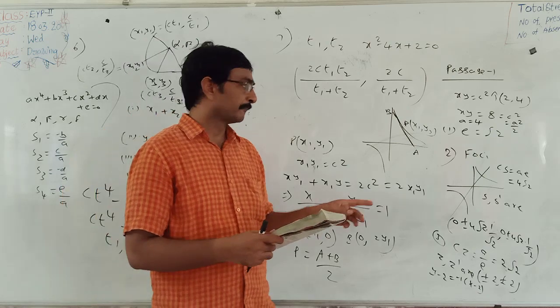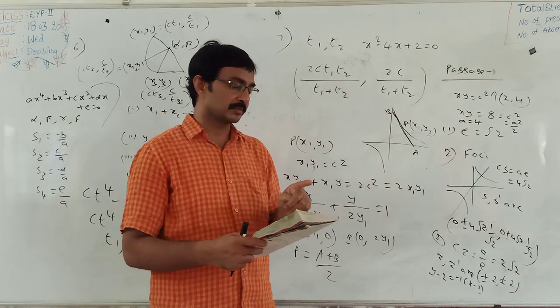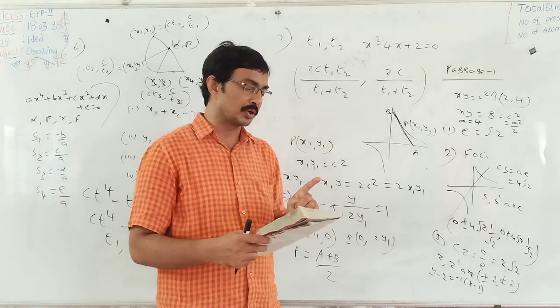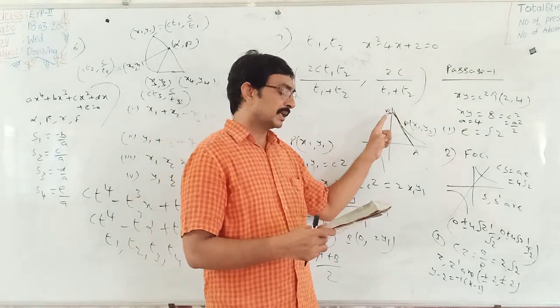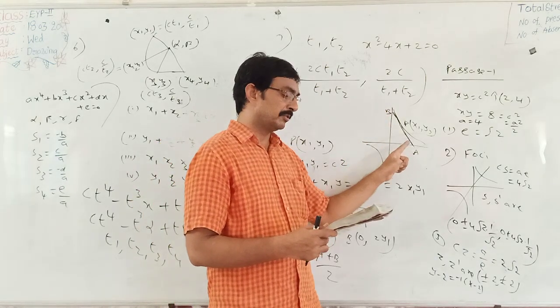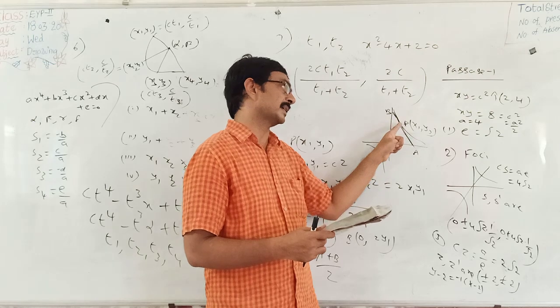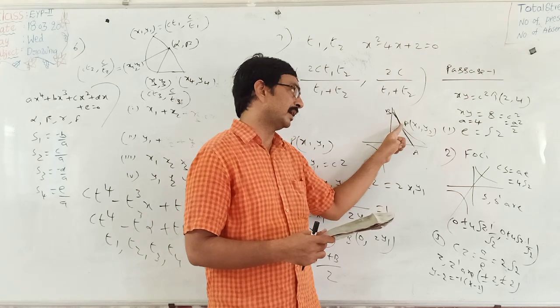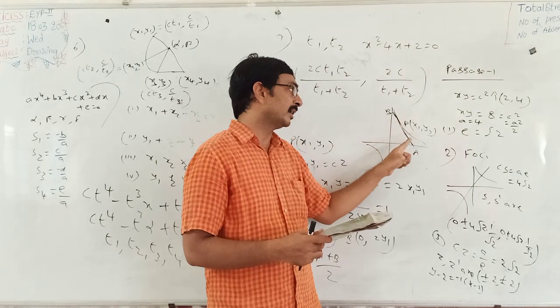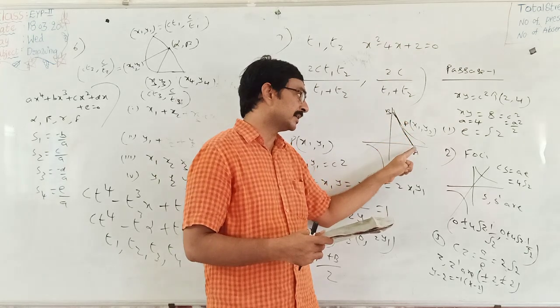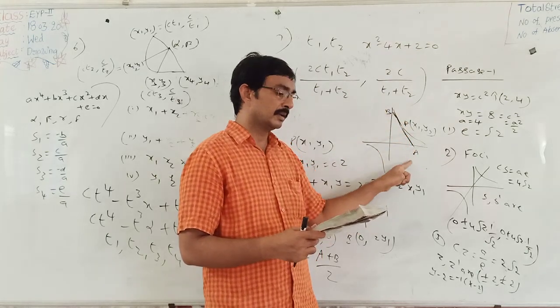Okay, that means the conic passing through the point means the curve passing through the point (2, 4). The segment of the tangent between the coordinate axes bisected at the point of contact means indirectly they have given that the point of contact is the midpoint of AB.